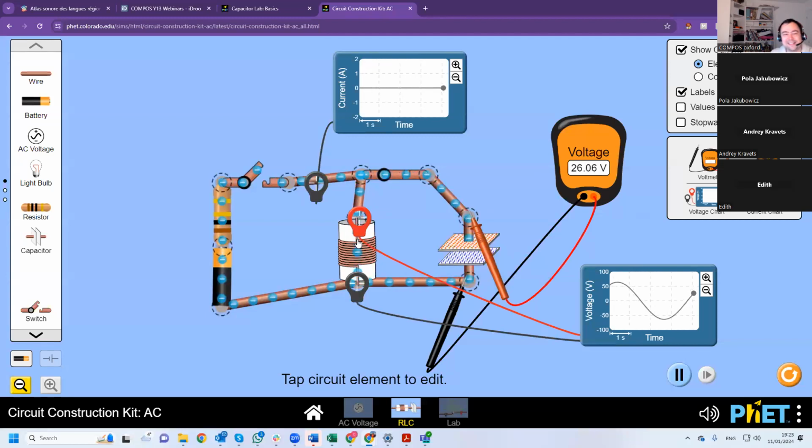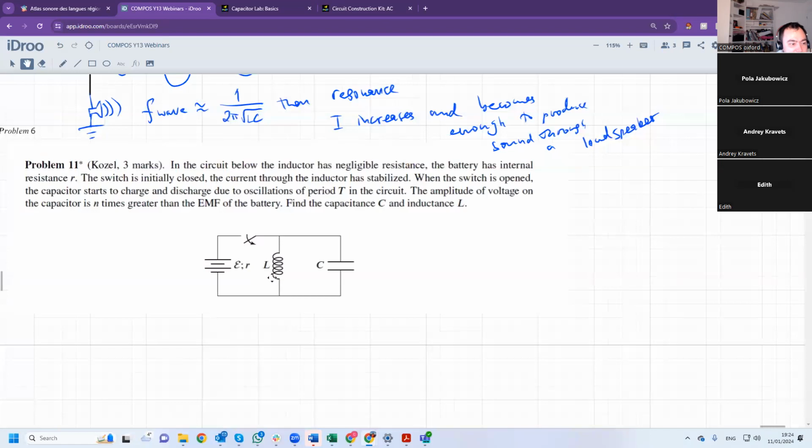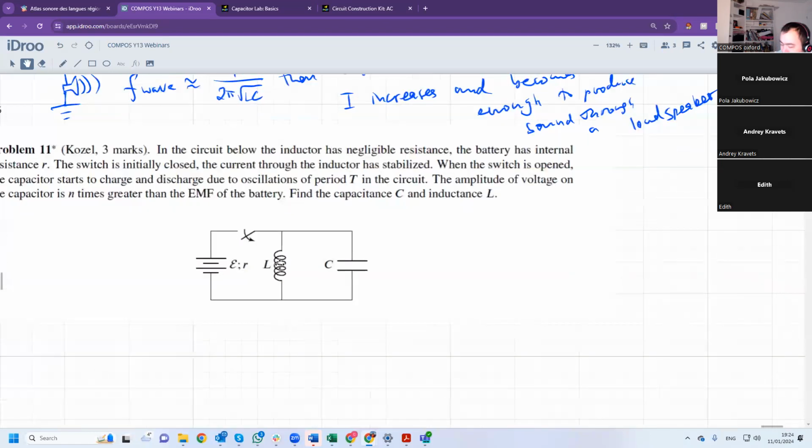So that's it. What you need to figure out here is the energy stored in the inductor, and then translate it into the maximum capacitance. So it's quite straightforward. Find stored energy in inductor.